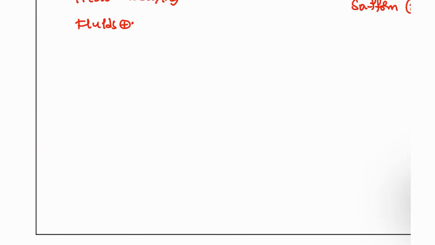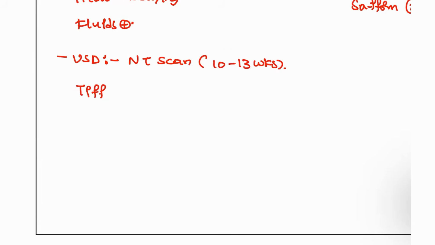Some important points about ultrasound to take note of. Usually the NT scan can be done at 10 to 13 weeks. Next, TIFFA or the anomaly scan can be done around 18 to 20 weeks.